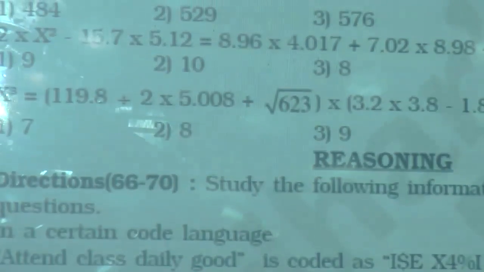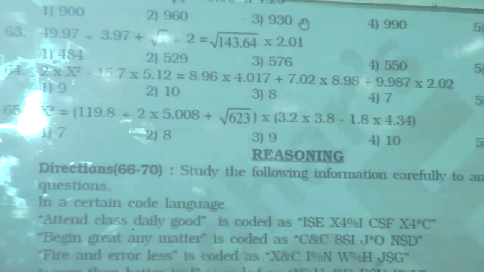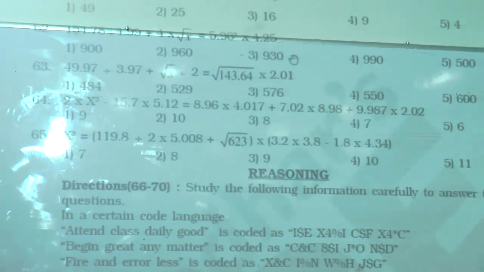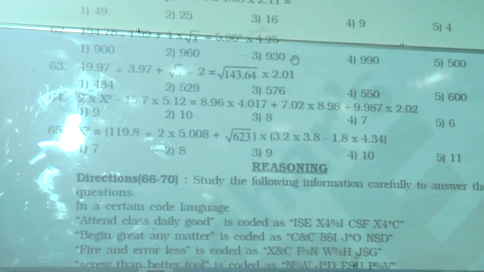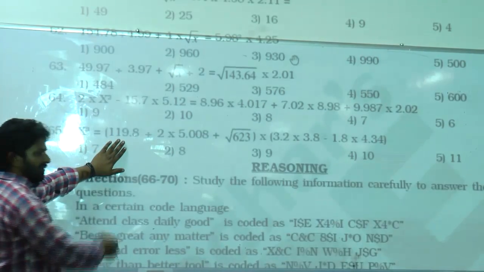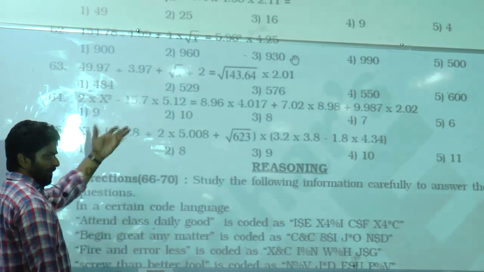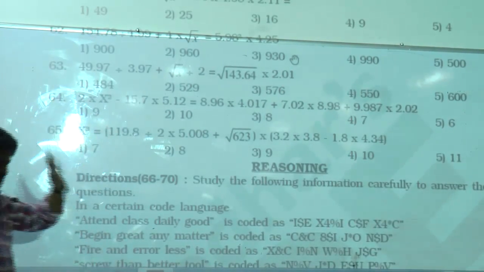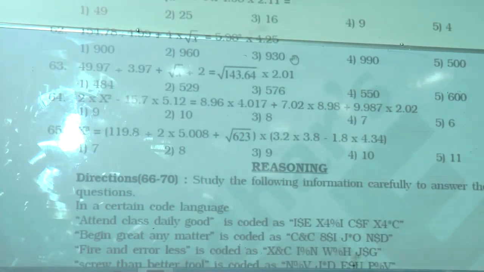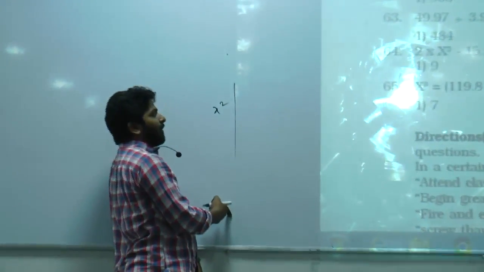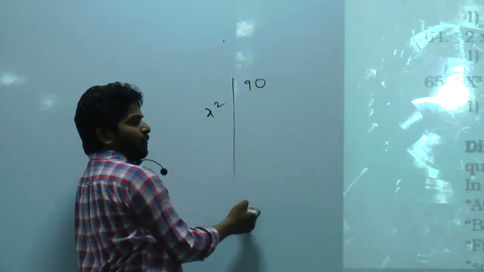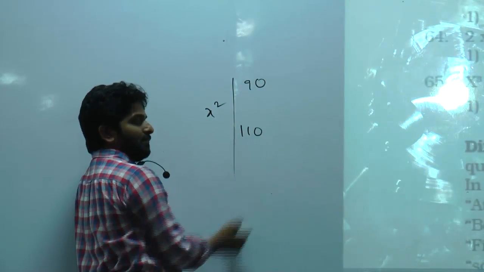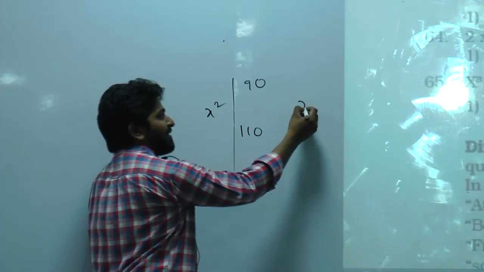For 64 and 65, observe what do you have? X square and then x cube. Perfect, and traditional approximation you can do. No issue at all. Treat this as 120. Will not make any difference. We have already discussed, right? For all values of x square from almost 90 to 110, what is value of x here?